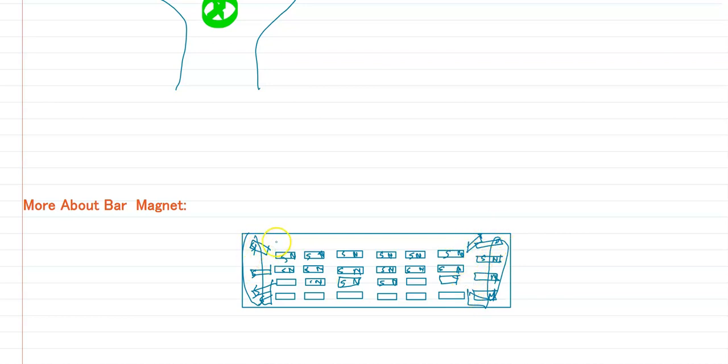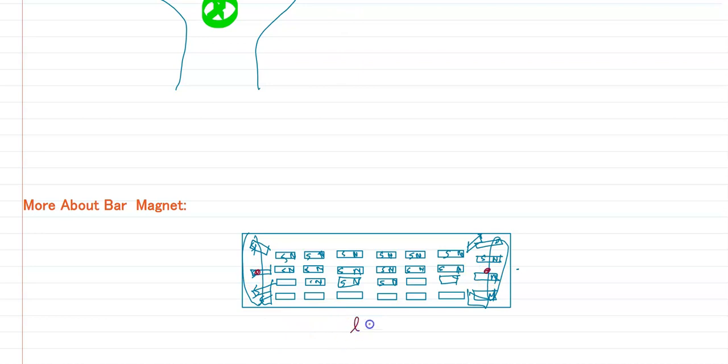That's why the south pole and north pole are placed at the ends of a bar magnet, not in the middle region. And the north pole and south pole are not exactly at the outer position. These poles are slightly inside the bar magnet.